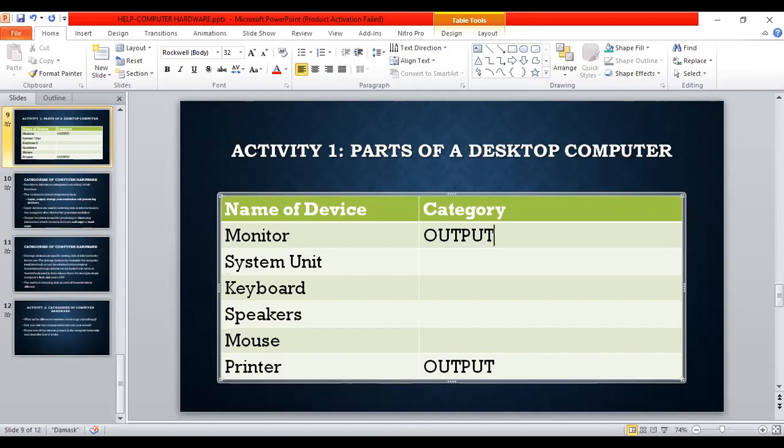The keyboard is an input device because it's used for typing information into the computer. Thank you. Natasha? Madam, that was my answer. Okay, thank you very much.